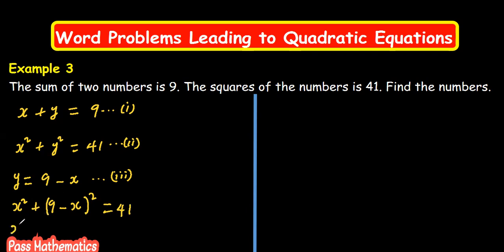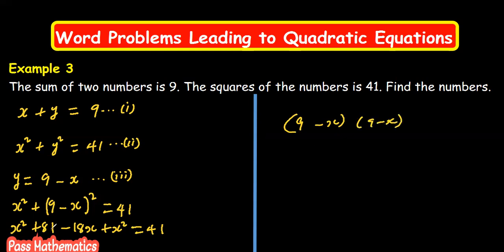So this will be x squared plus 81 minus 18x plus x squared equal to 41. Yes, that is when you expand 9 minus x times 9 minus x, you are going to get this equation.